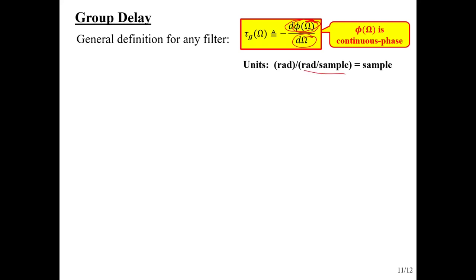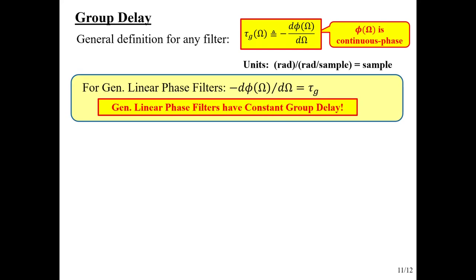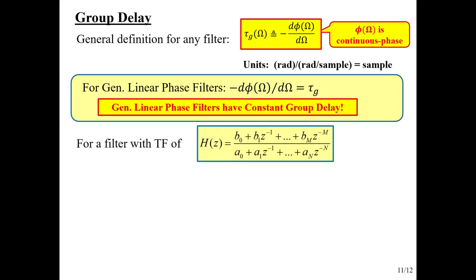So it's units of samples, just like before. So for generalized linear phase filters, the group delay is a constant, does not depend on omega. And then we saw that for regular linear phase filters, phase delay is a constant. So those are the two big ideas to keep in your mind.